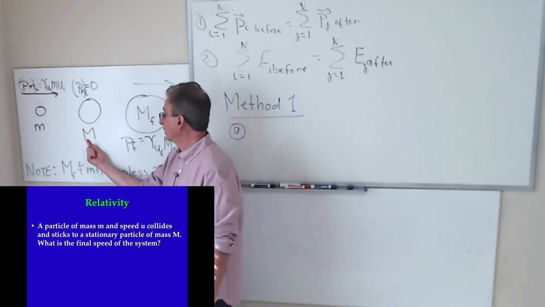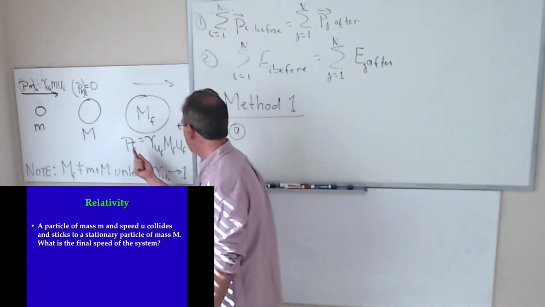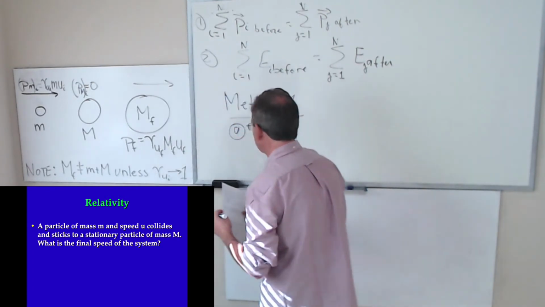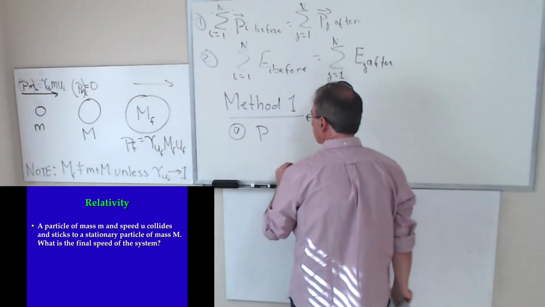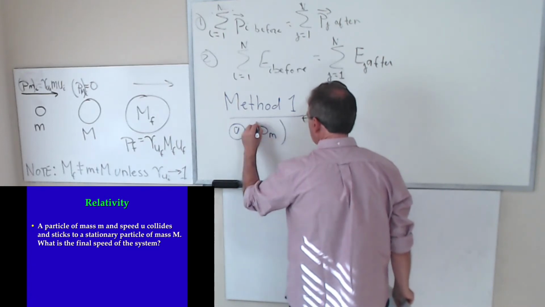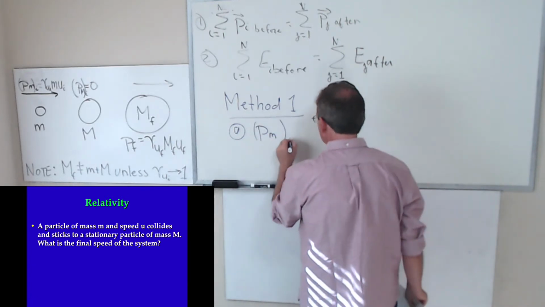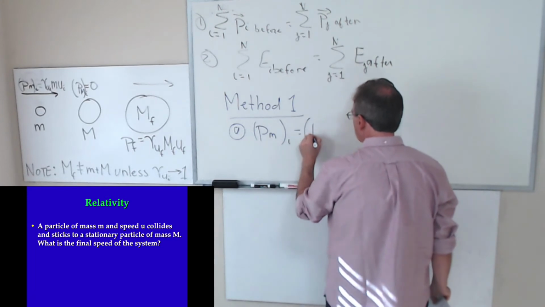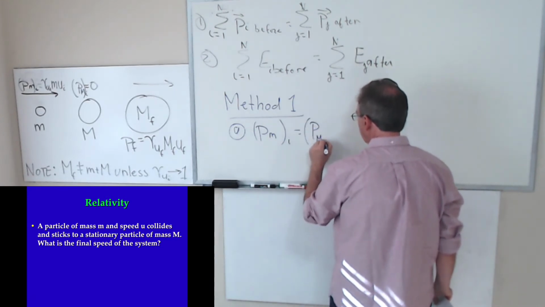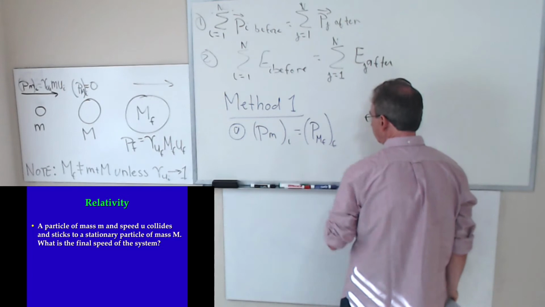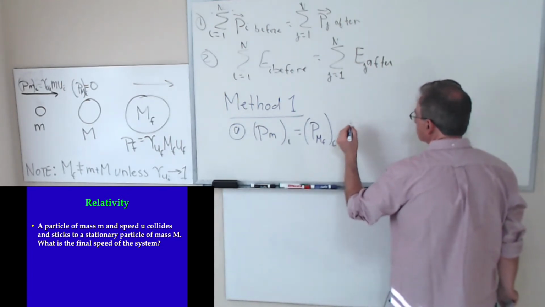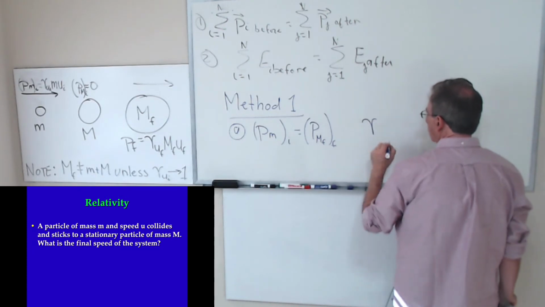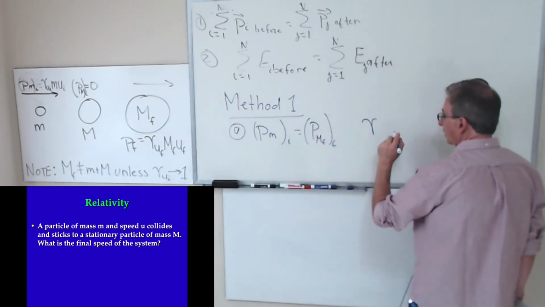Since big M was not moving, then the momentum of little m has to be equal to the momentum of big M. So I can write down P sub little m initial equals P sub big M final.